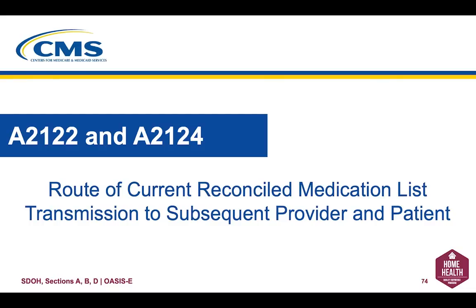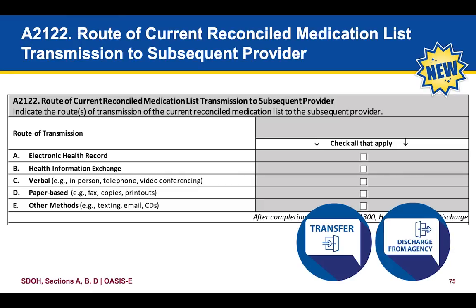Now let's review A2122 and A2124, which are the last 2 data elements in this series, which speak to the route of the current reconciled medication list transmission to the subsequent provider or patient.